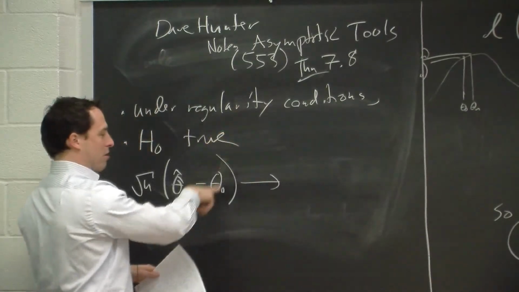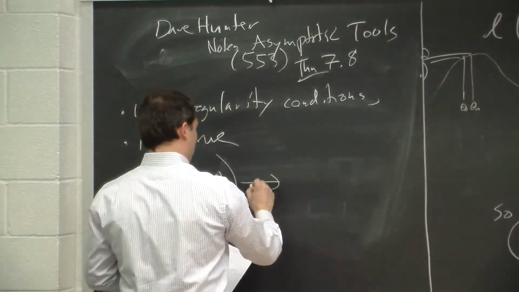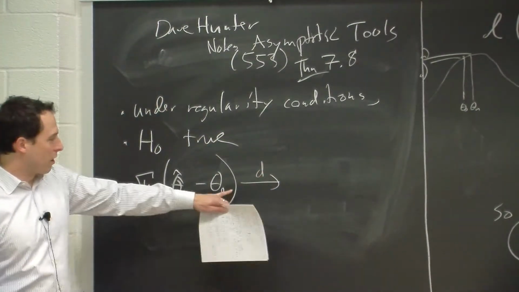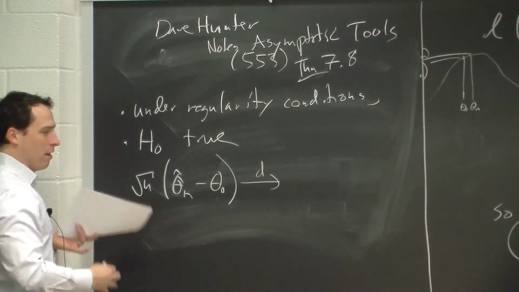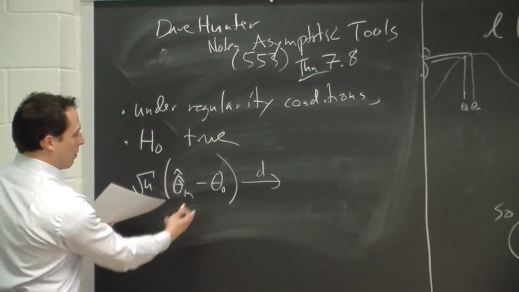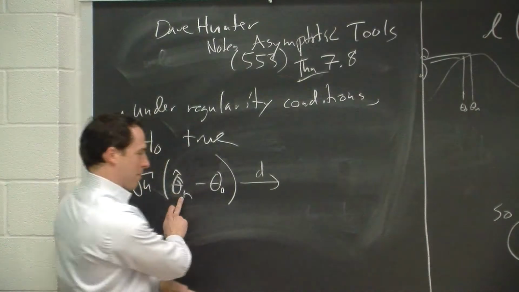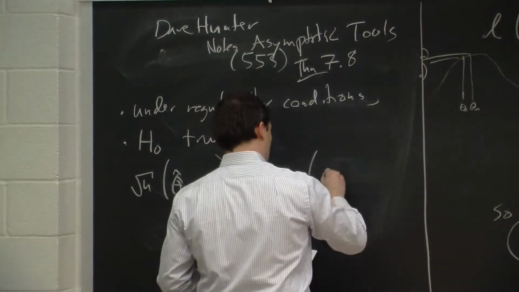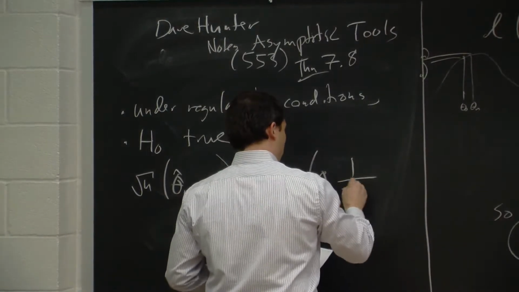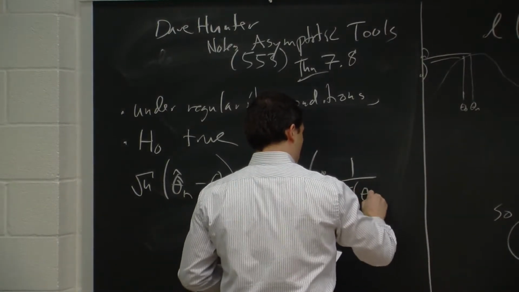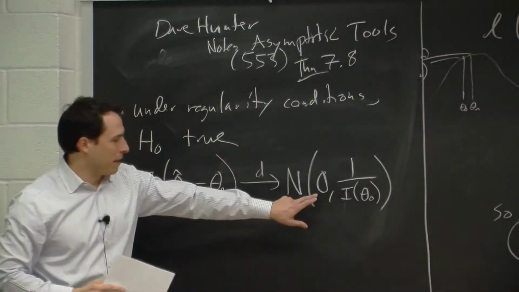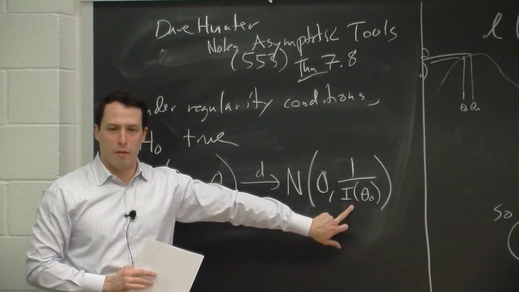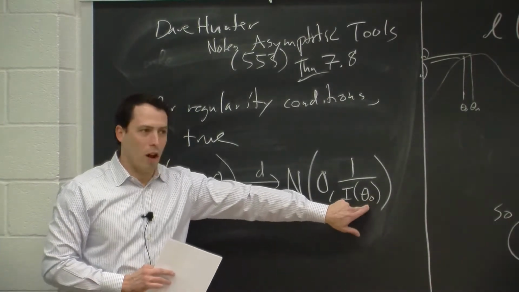And the null hypothesis is true, so that's the true value. This is going to converge in a certain sense called converging in distribution. So we're talking about a random variable which is converging, because this part is random, the other parts are not, to a normal distribution with mean 0 and variance 1 over the Fisher information at the null hypothesis.